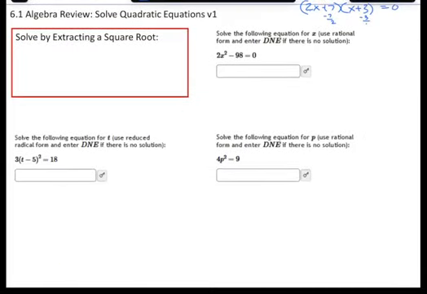And this happens when you look at the original questions and all you see is one single variable, but it's still a quadratic equation. It still has a power of 2. Okay, so if that's the case, you're going to isolate the variable term. It might be a single term, or it might be a binomial.